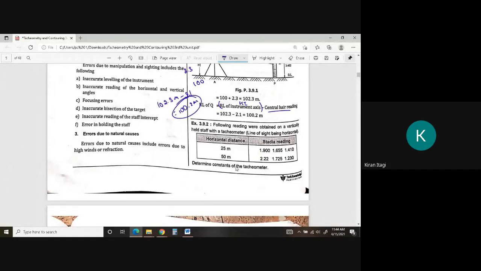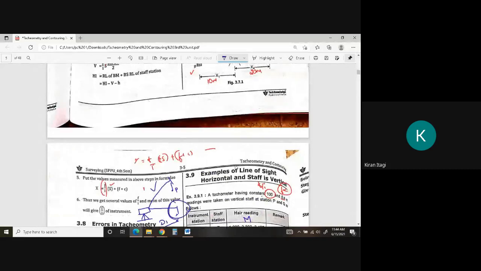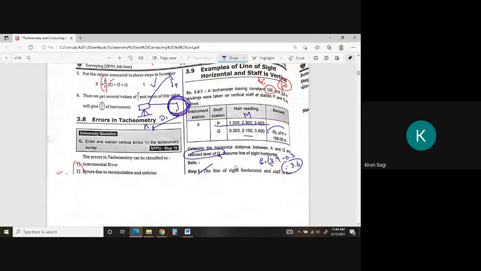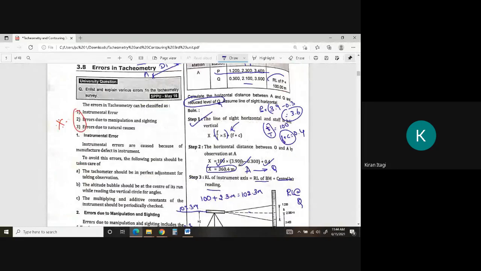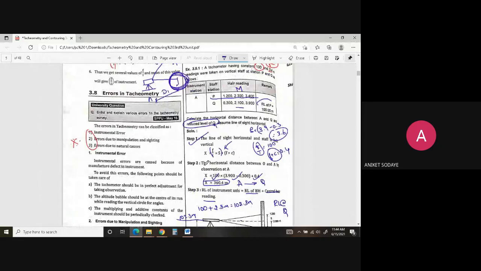That is the RL at this point, the RL of Q. Anybody having doubt here? No, sir. Okay.